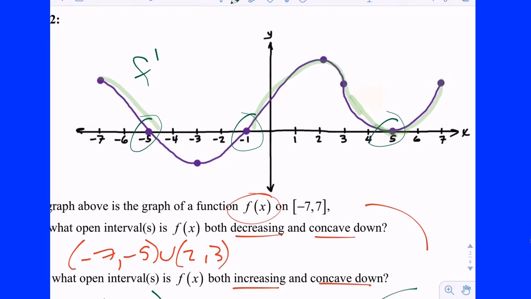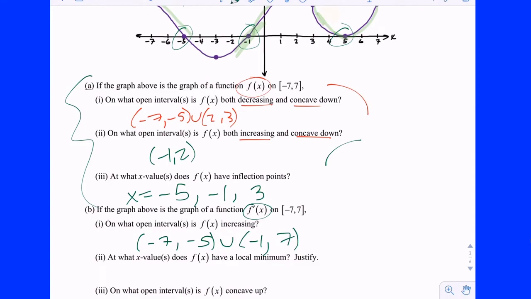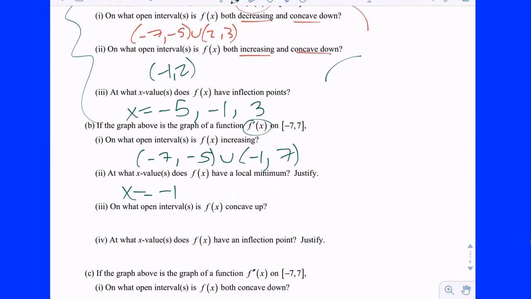Negative to positive. So we need the graph to cross from low to high. That's going to be at -1. Okay, at x equals -1, and the justification would be since at this point the f prime changes from negative to positive.